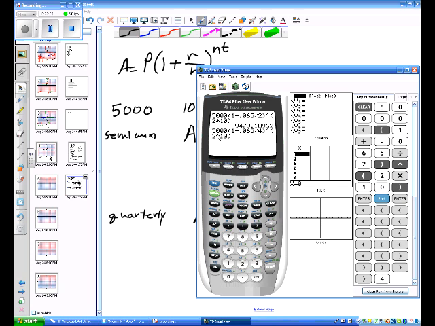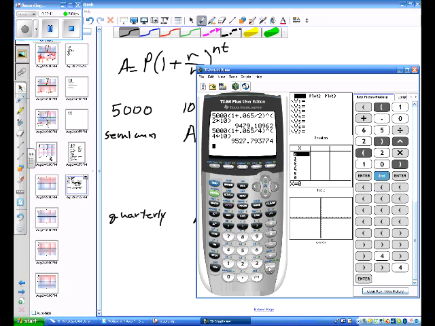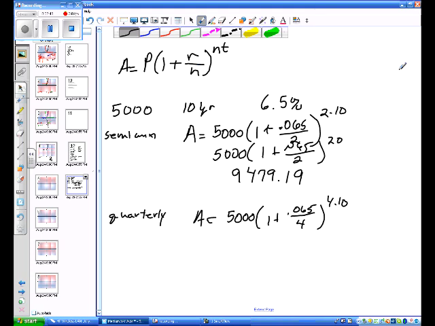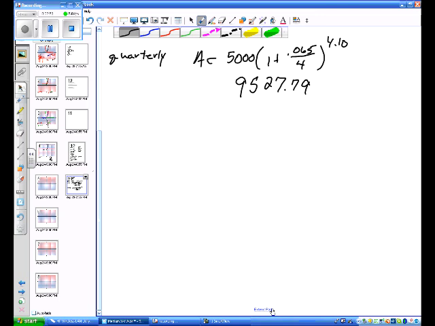And we're going to go here and make that a 4. And so we don't have to type so much in. And notice we made a little bit more money when it was compounded quarterly because we had more compoundings. So we would actually make on that one $9,527.79.